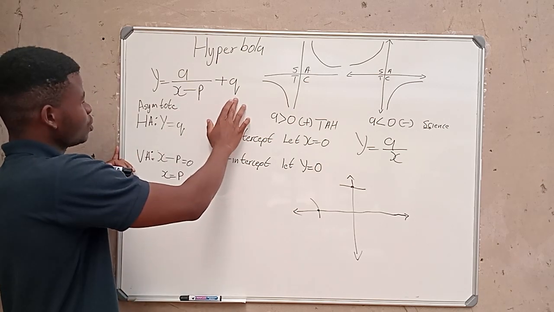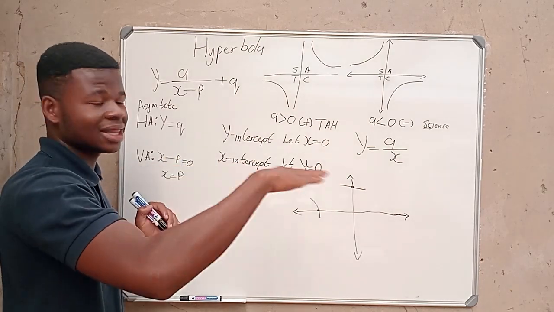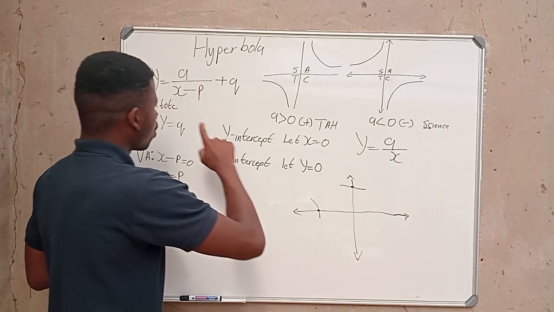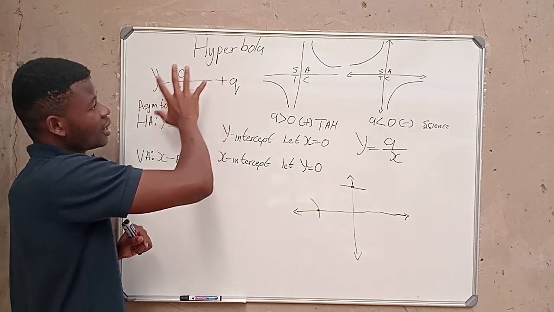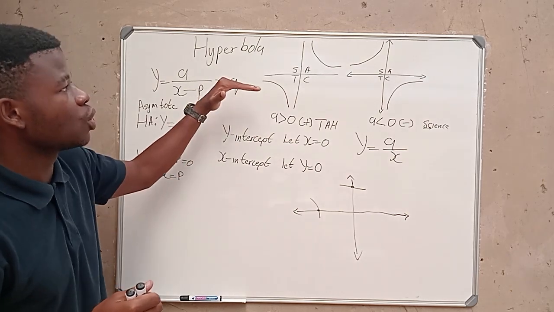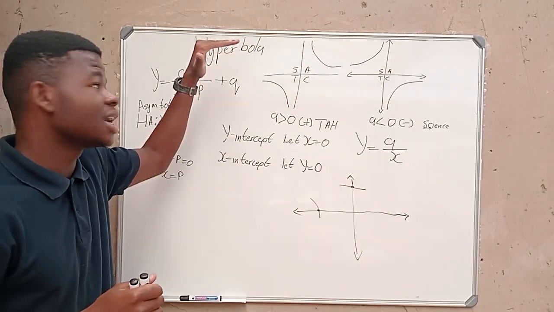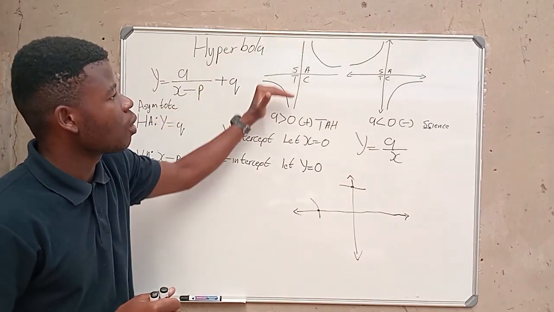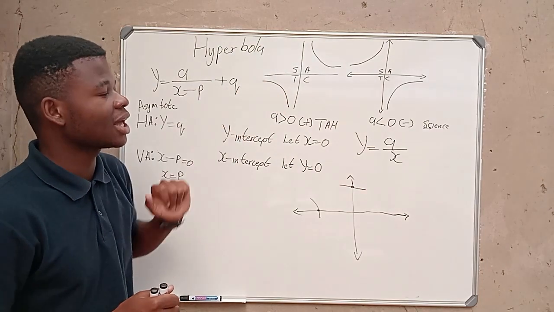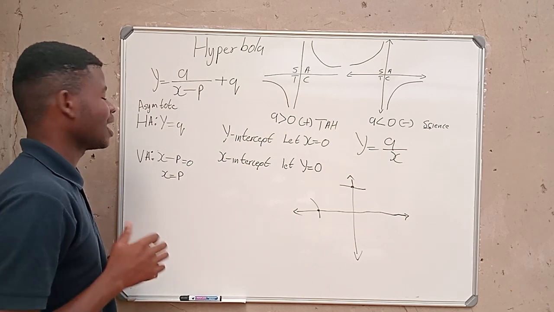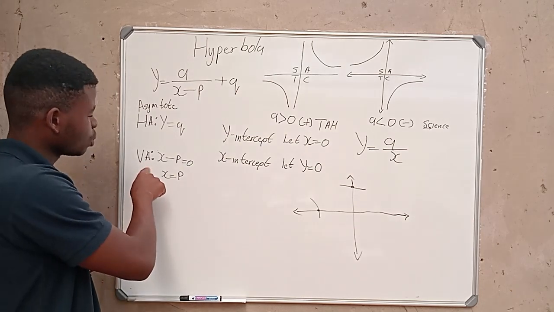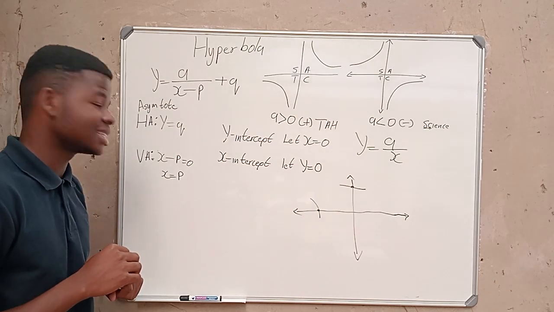Okay, so let's start with the horizontal asymptote. When I put q in this equation, it is going to move the graph vertically, whether up or down. We have highlighted our horizontal asymptote, and then we go to our vertical asymptote.